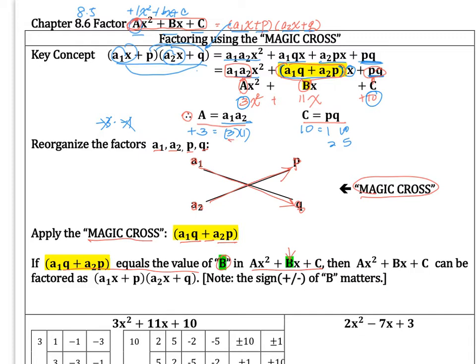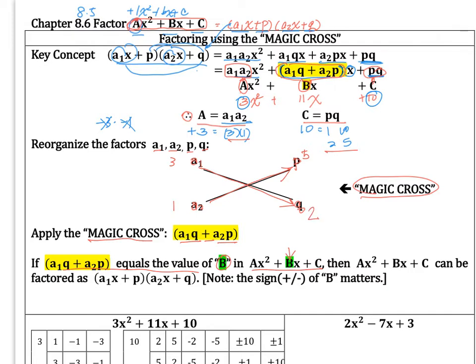So if I put 3, 1 here, and I match this with 1 and 10, 31, that makes 31. That's way off, too big. So I wouldn't use the factors 1 and 10 because 10 is too big. So maybe it is 2 and 5. Okay, this takes practice, okay? So I'm going to do 5 and 2.